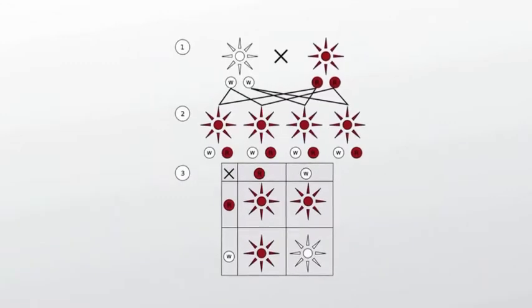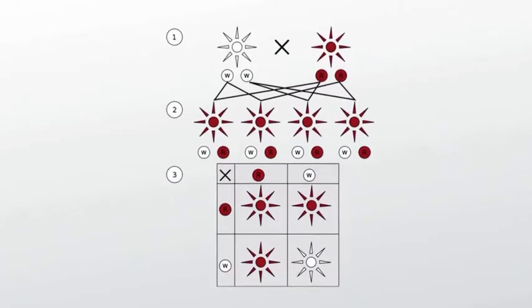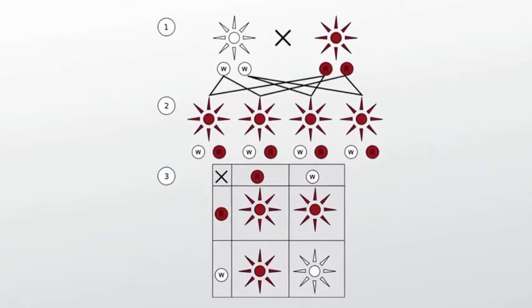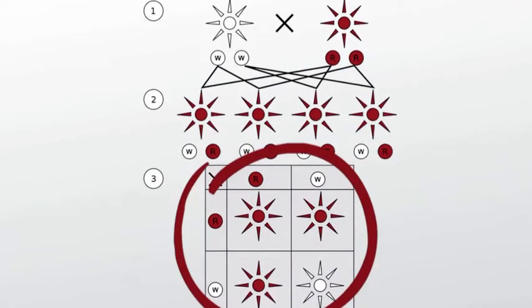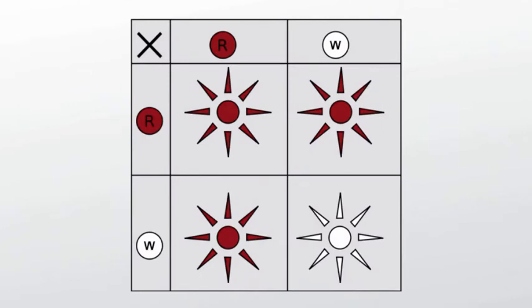For traits that are inherited according to this model, organisms can have three possible sets of genetic information. Either two of them have the same allele for one form of the trait, or one of each of the two different possible alleles. Today, we know that every allele that is inherited is either dominant or recessive.